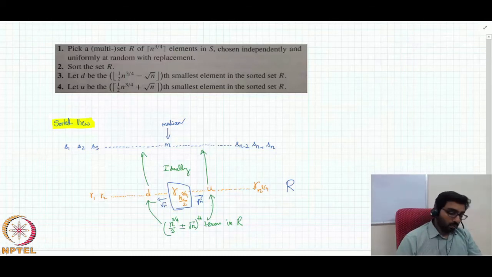And ideally, we want D to fall, if you look at D not in the set R but in the sorted view of the input array S, D should be to the left of M, and U should be to the right of M. That's the ideal requirement. And moreover, you also want the number of items here to be small. Okay, so these are the ideal requirements that we have.